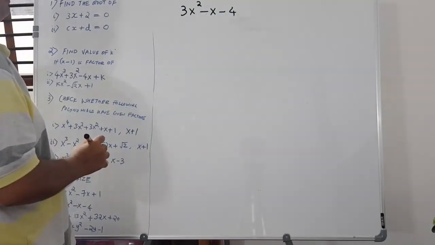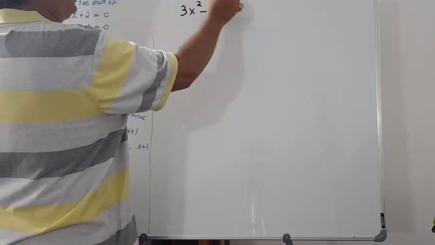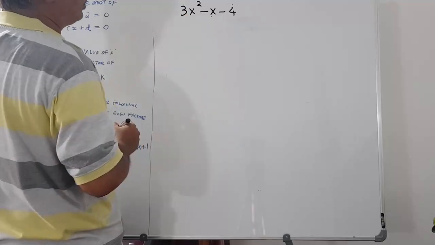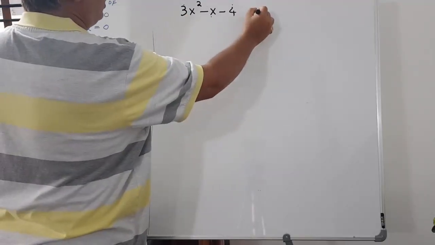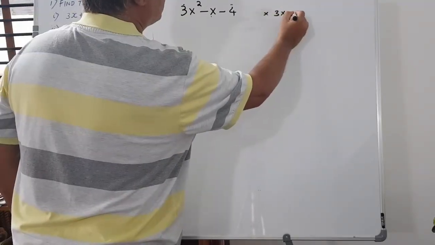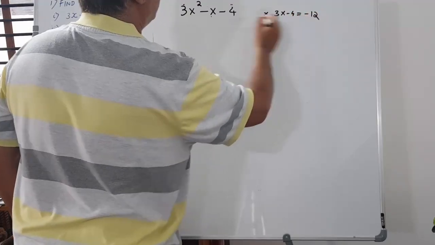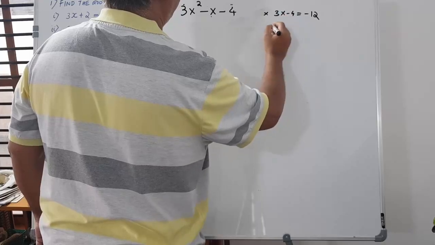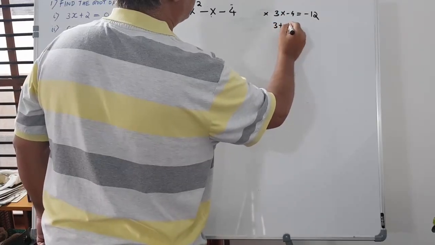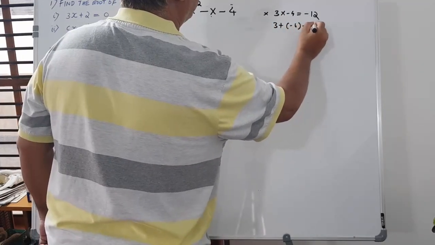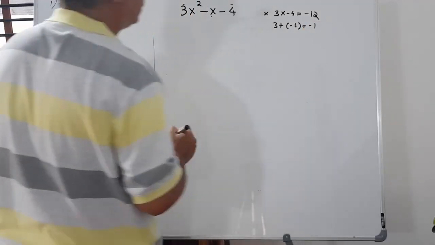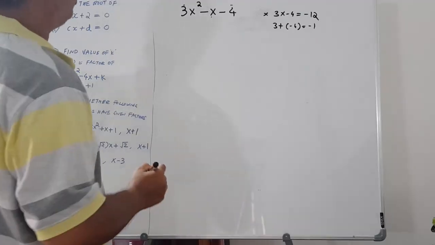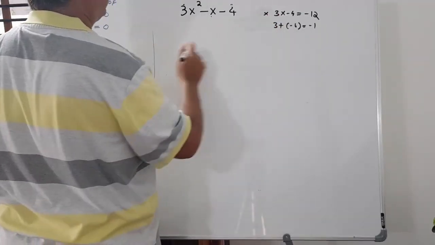Again, we want two numbers whose product is 3 into minus 4, that is equal to minus 12, and whose sum is minus 1. If I add these two, 3 plus minus 4, I get minus 1. So we have found two numbers, and we can break it according to this.